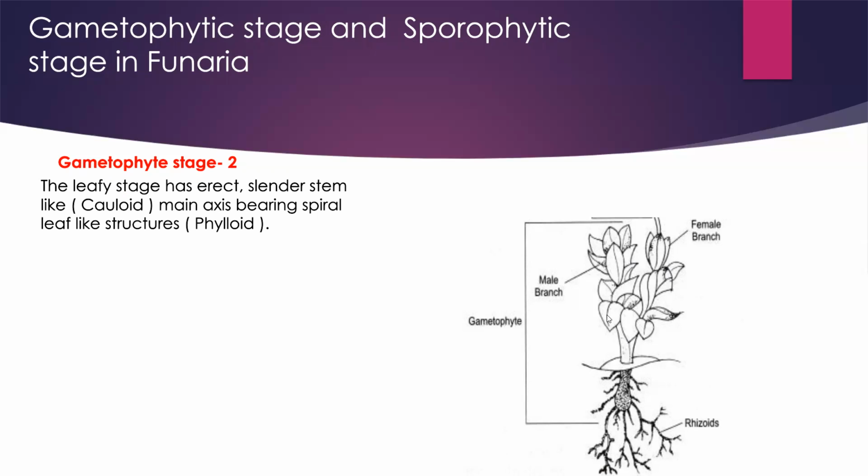As I told you in the beginning, bryophytes do not possess true leaves, true roots, or true stem. So the bryophytic plant body is a false plant body where structures develop which resemble the true root, stem or leaf. Okay. Here this entire structure represents the gametophytic phase, the second stage of the gametophyte.